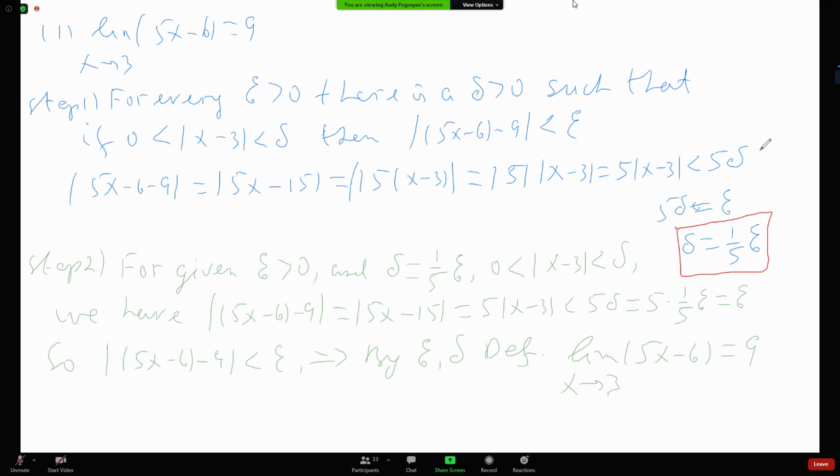It says for given epsilon, if you choose delta equal to this 1 over 5 epsilon, then it should work, and we're showing it works because that's how we chose delta. So if you choose delta as 1 over 5 epsilon, then the absolute value of 5x minus 6 minus 9 will be less than epsilon. And by definition, the limit equals 9.